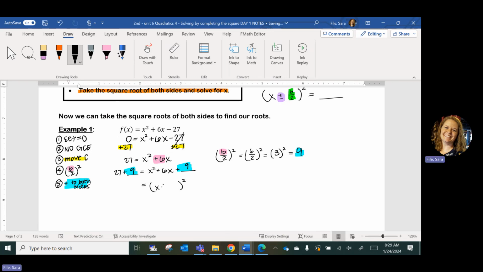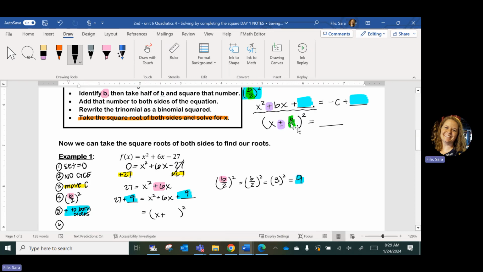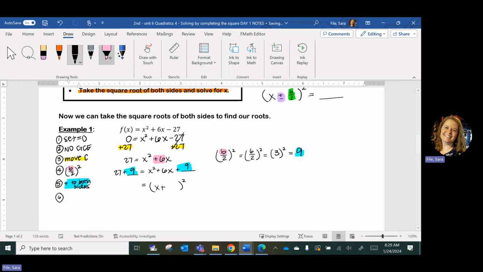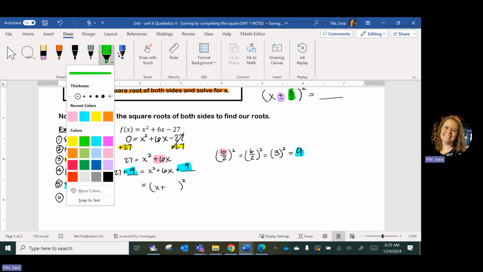The sign stays the same as the sign of B. So since that was a plus, this is a plus. Now, what did we say goes here? What did I write there? B divided by 2. What was my B divided by 2 in this problem?